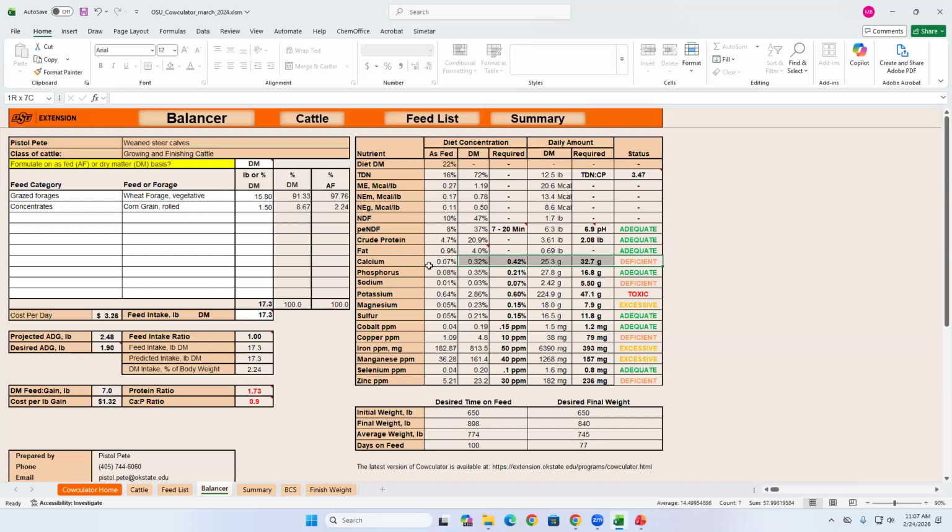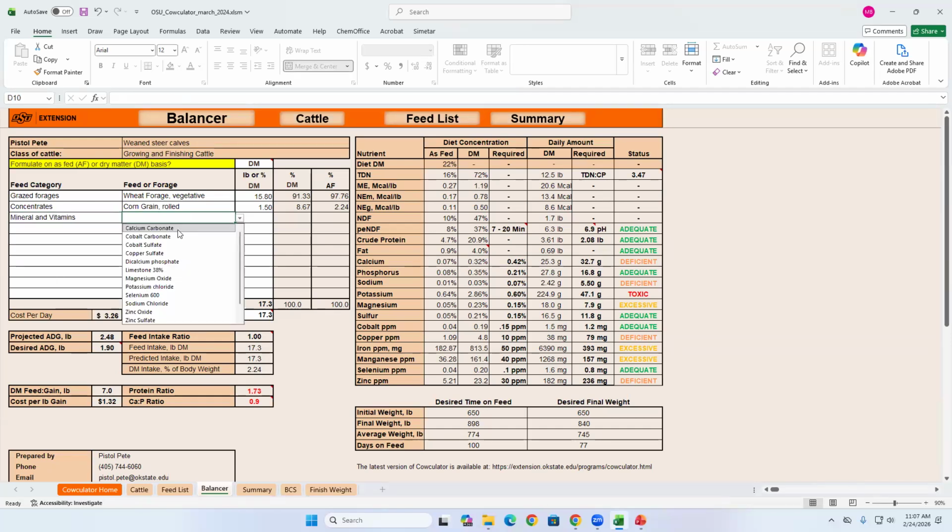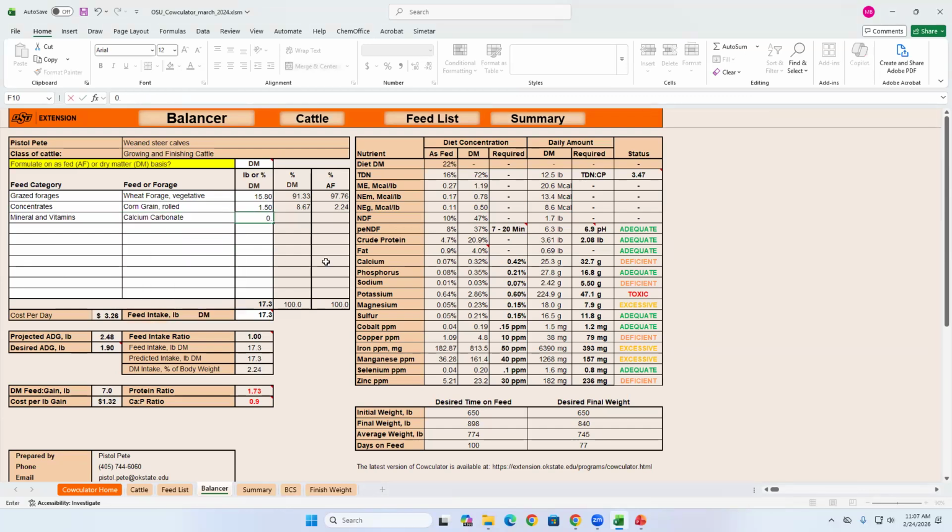All right. Calcium, minerals, calcium carbonate, which is limestone. Okay, 0.15, but we may have to add more to check our potassium to Ca plus Mg. Sodium, we're deficient in.